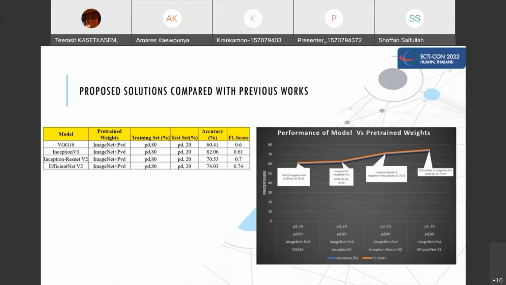It obtains an accuracy of 70.03% at the end of the experiment. As we can see, EfficientNet V2 scores the highest accuracy rate compared to the VGG16, which obtained 60.41%. So next, move on to the next slide.